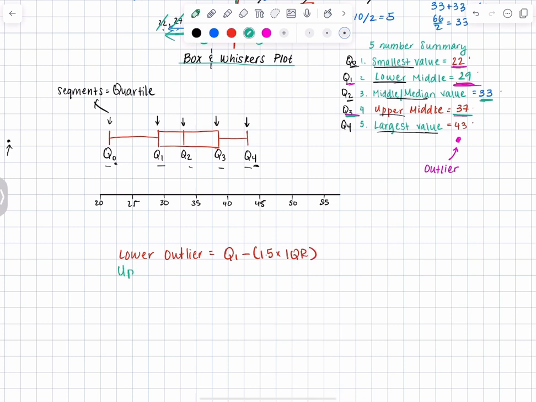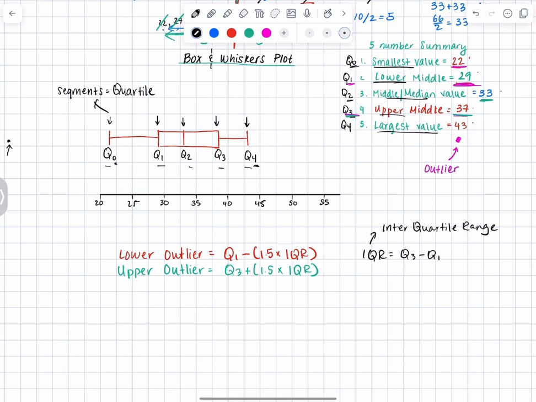And the upper outlier bound is Q3 plus 1.5 times IQR. The IQR equals the interquartile range, and this equals Q3 minus Q1.